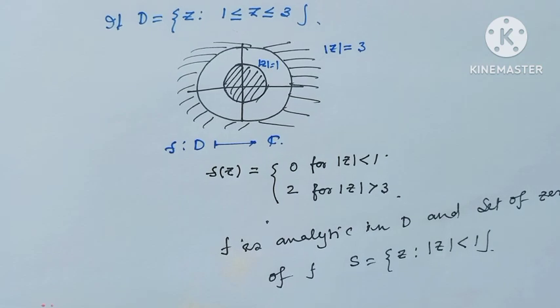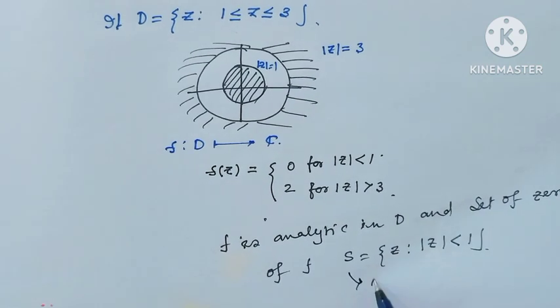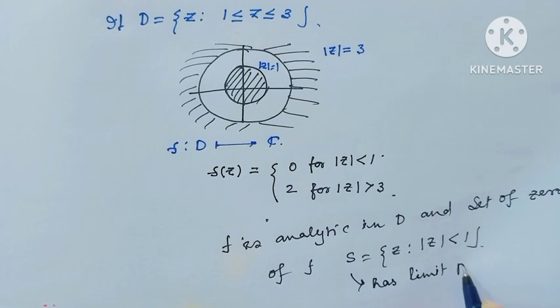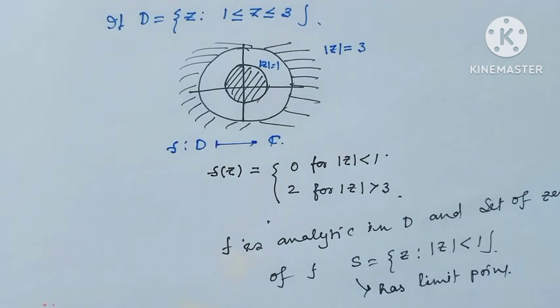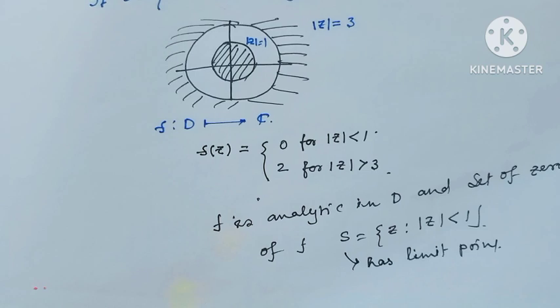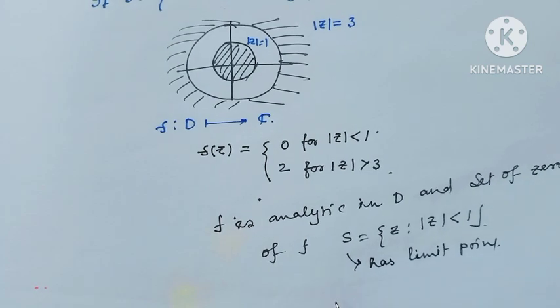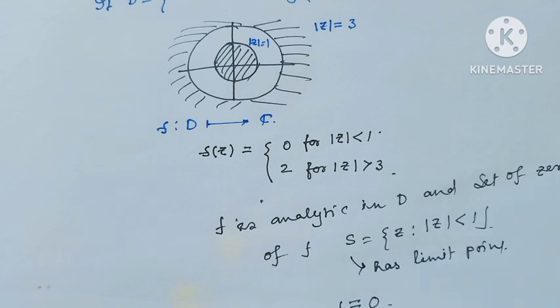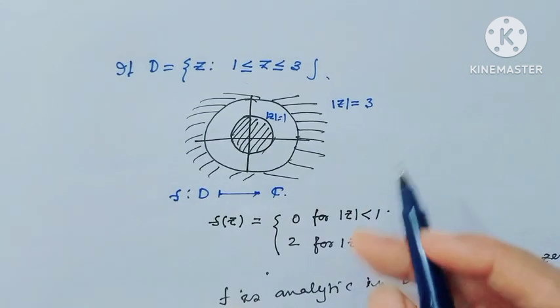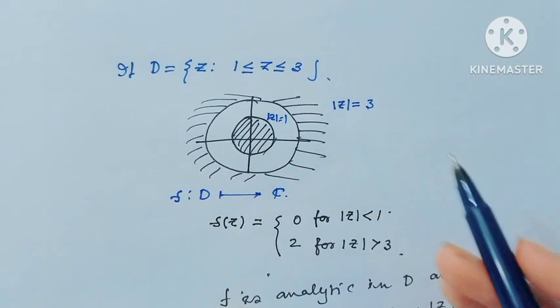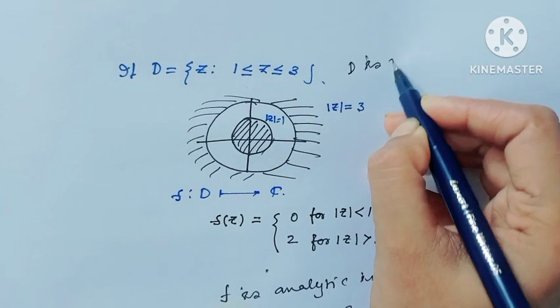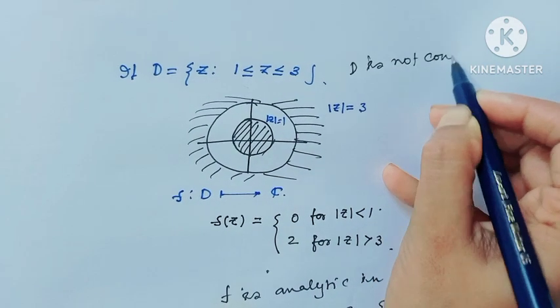In this set, the function has a limit point. But by the uniqueness theorem, we cannot say f is identically equal to 0, because the given domain D is not connected.